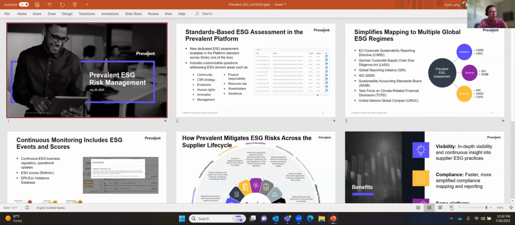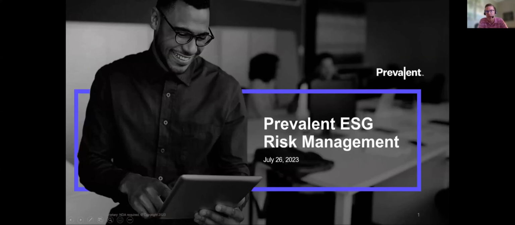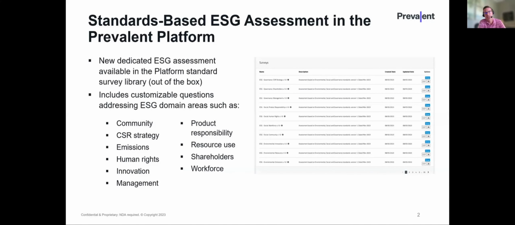All right, folks, I just want to share with you a little bit about how Prevalent can help you simplify the process of getting the right information and insights from your third-party vendors and suppliers with regard to their ESG strategies and processes and policies, how you can simplify that reporting, get the intelligence you need to make smarter, more informed third-party decisions.